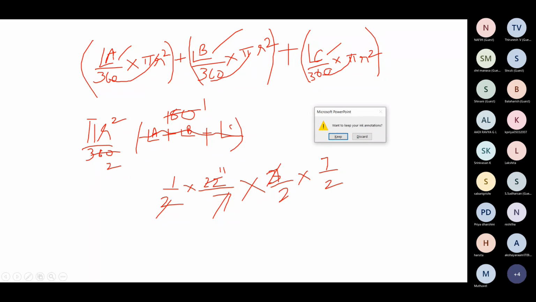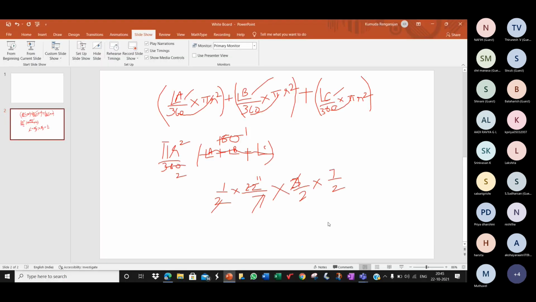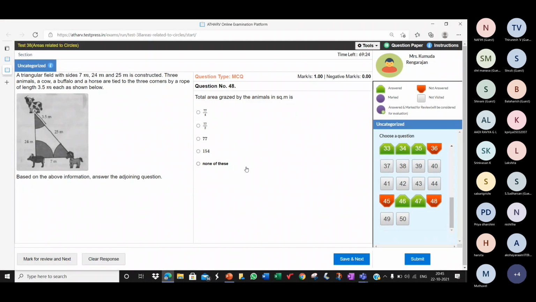Children, this is the working. So we got 77 by 4 meters square.